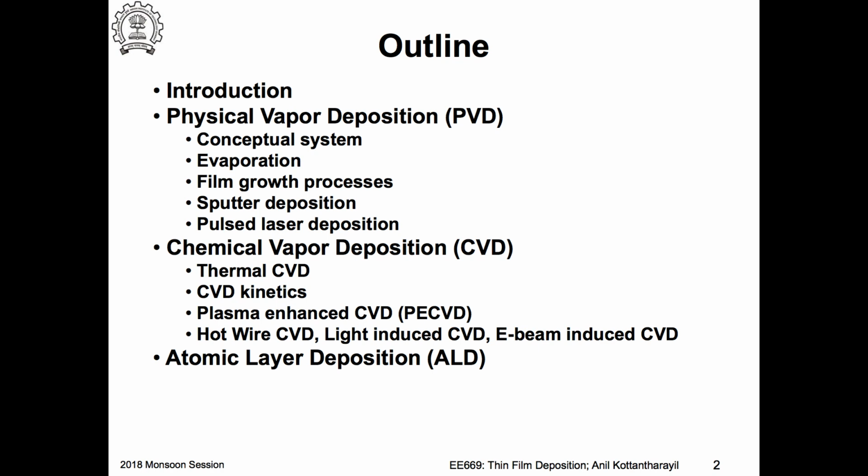And I should mention that for most VLSI applications you use sputter deposition, but these are important because many of the PhD students who work in the clean rooms to make devices actually use a lot of evaporation, and some of you may actually use pulse laser deposition processes.